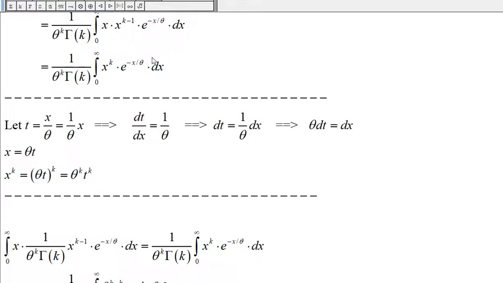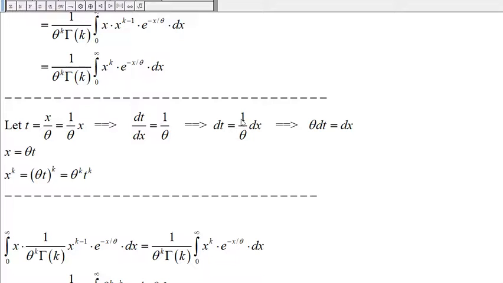And now we want to find this integral right here, the integral x to the k times e to the minus x divided by theta. So let t be x over theta, which is the same as 1 over theta times x. Then dt over dx will be 1 over theta.